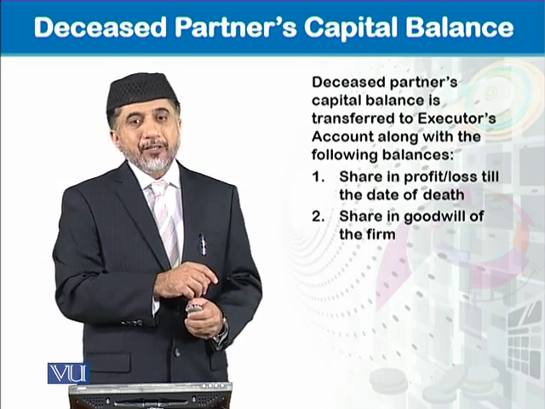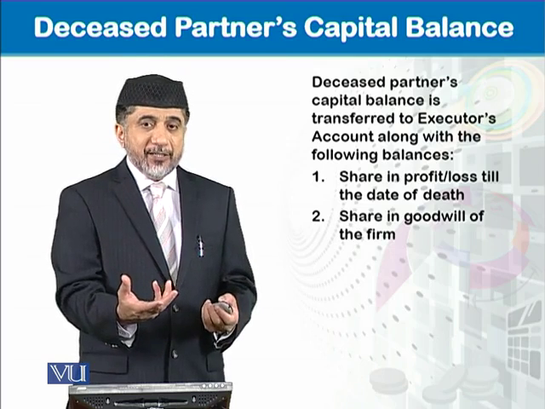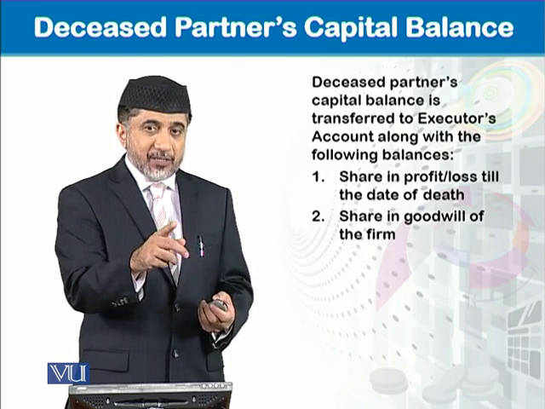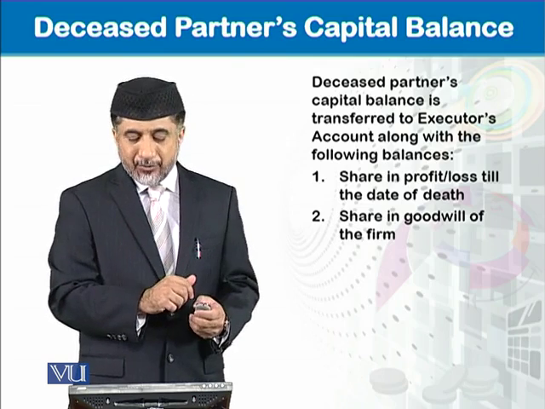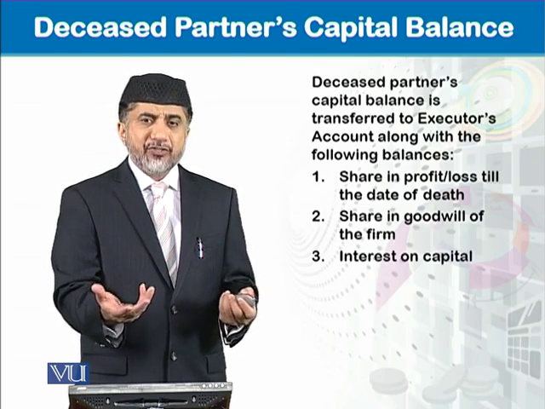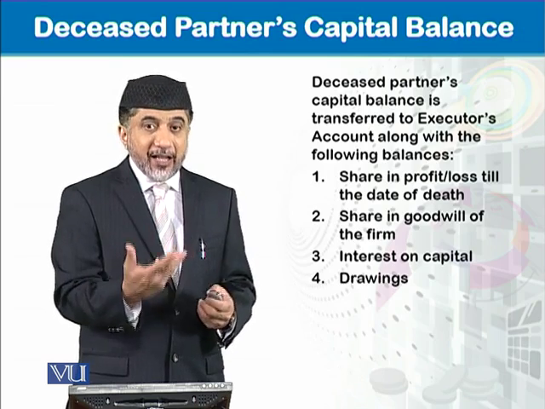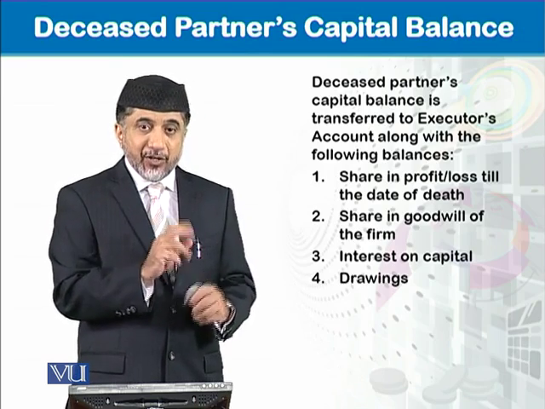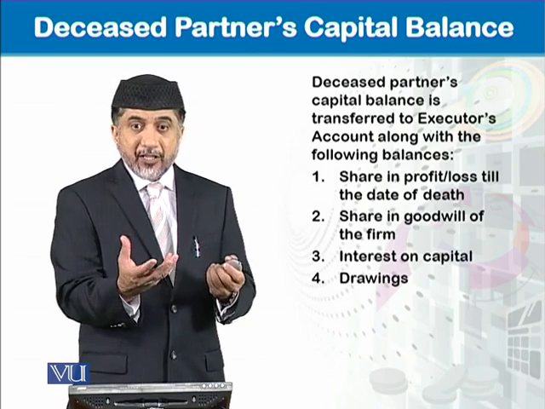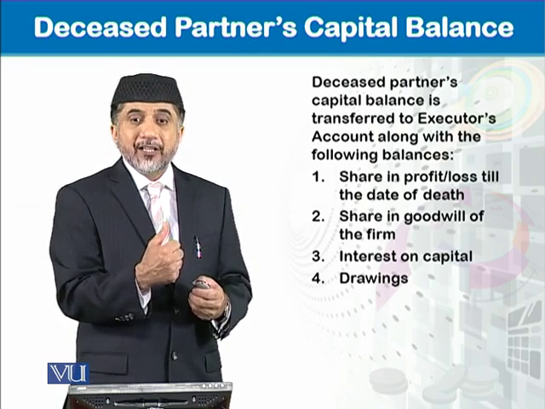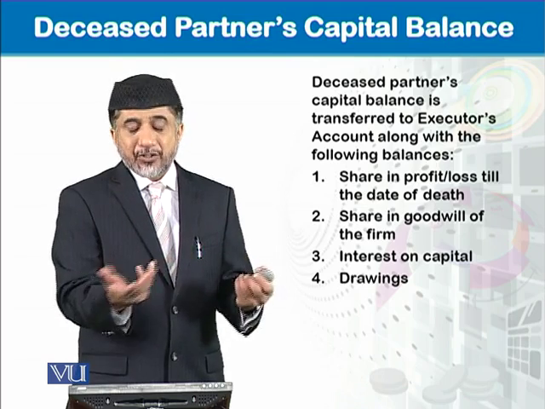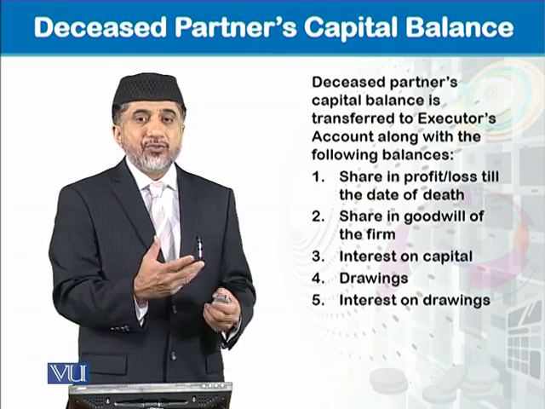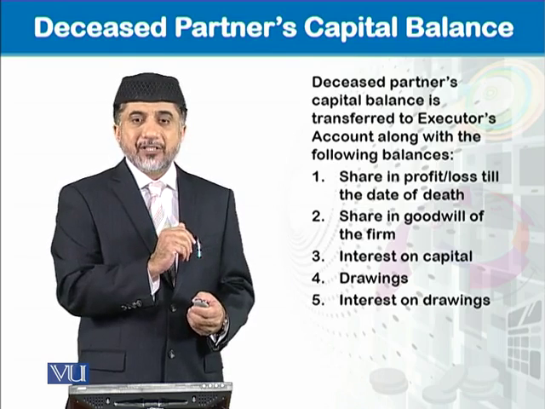Then share in goodwill. Goodwill shall be calculated and the share of the deceased partner will be credited in the executor's account. Obviously, interest on capital will be there. Drawings will be debited, or if there is a current account for that deceased partner, that would be debited or credited as applicable. If there is interest on drawings, it will be debited in the executor's account.